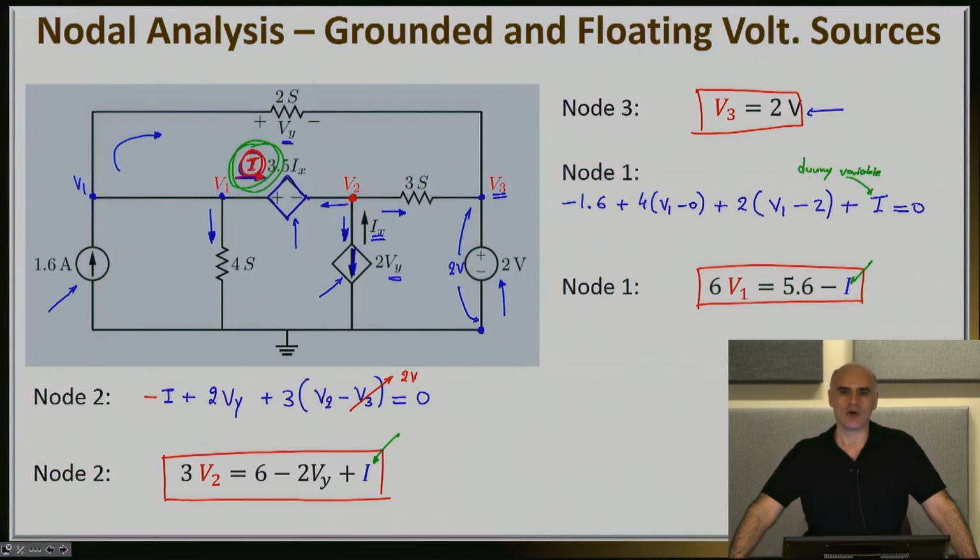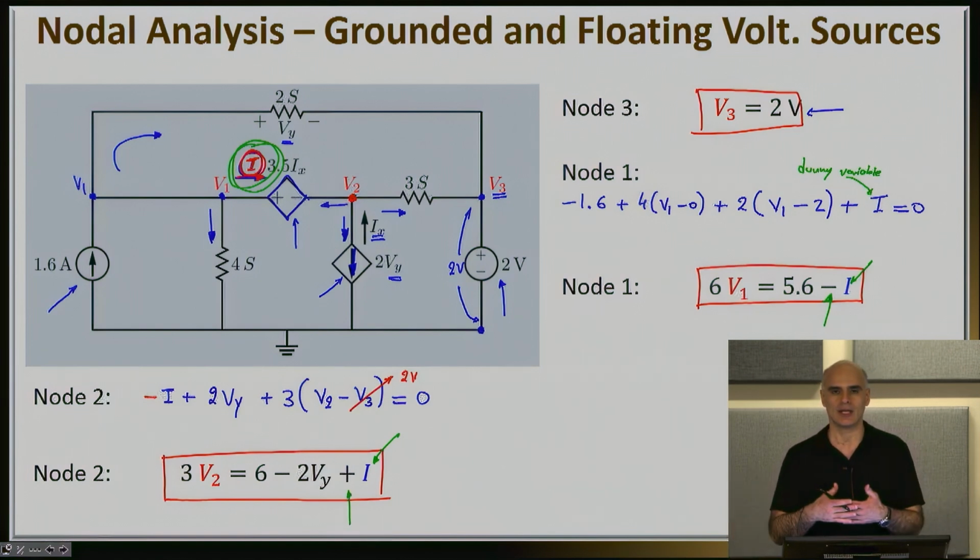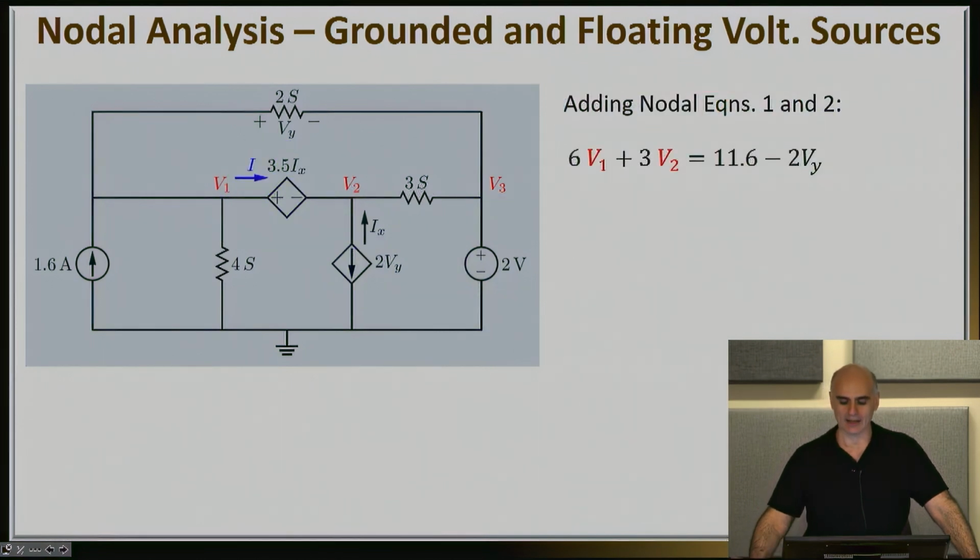The way that we normally deal with this is actually by adding up the 2 equations. You will find that one equation has the dummy variable with a negative, the other equation has it with a plus. So adding the two together will actually get rid of my dummy variable. And that's exactly what we normally do. So adding nodal equations 1 and 2 together will give me this new equation right here.